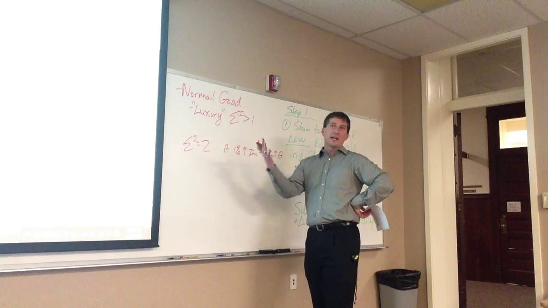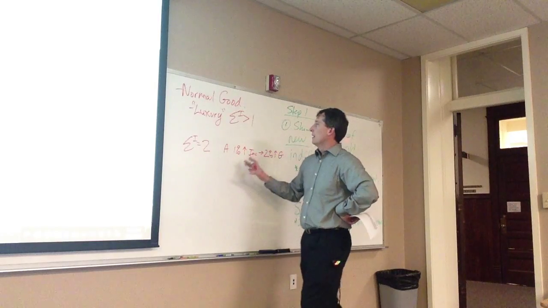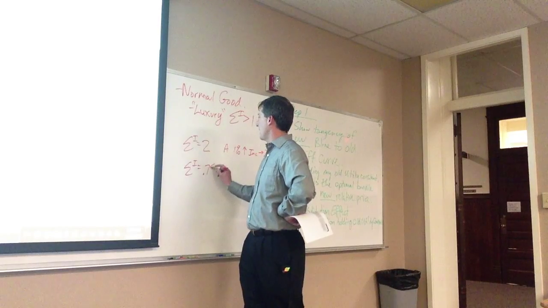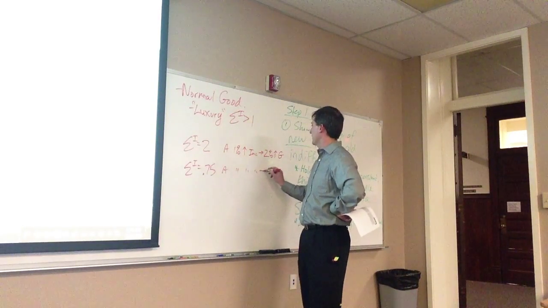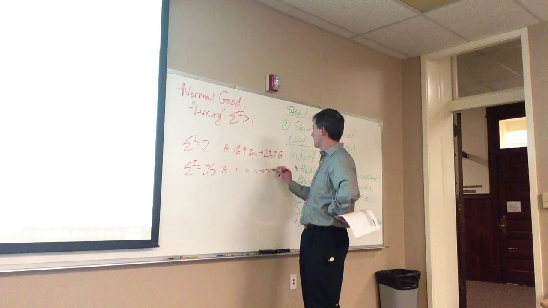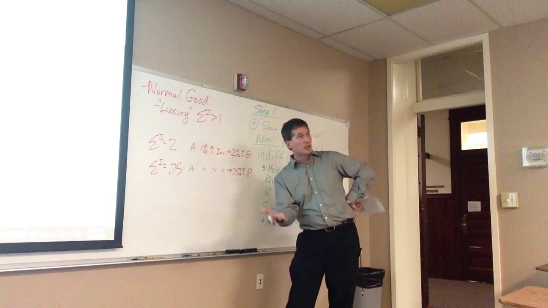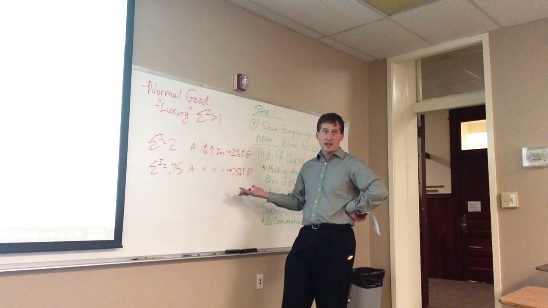You can't do it when you're poor, but when you're rich, you're going to really start taking it on. With an income elasticity equal to 0.75, a 1% increase in income leads to a 0.75% increase in, let's say, pancakes. Pancakes are a normal good, but they're not a luxury good. So they're still normal, but they're not a luxury good.